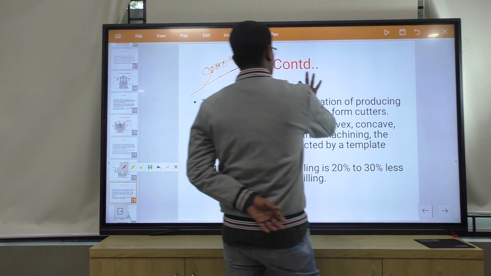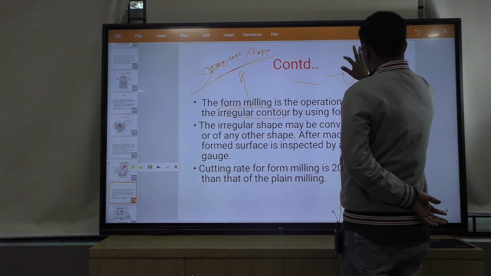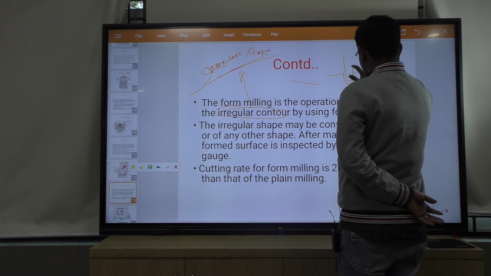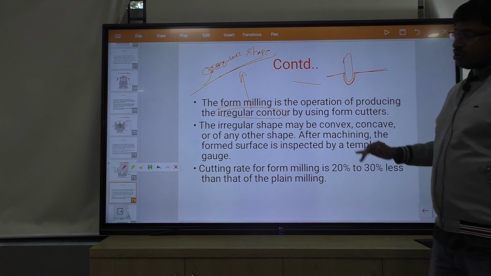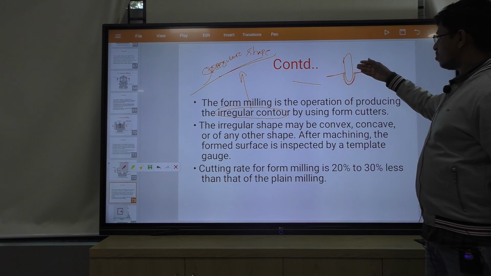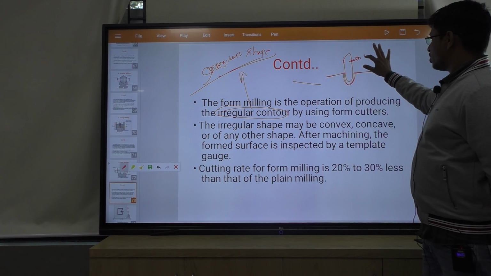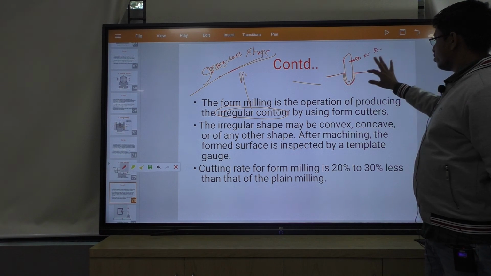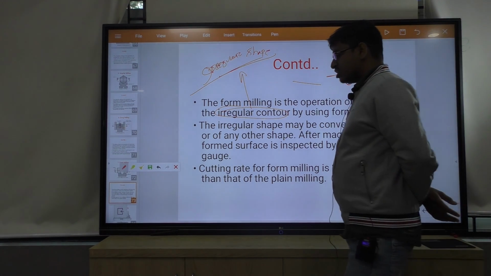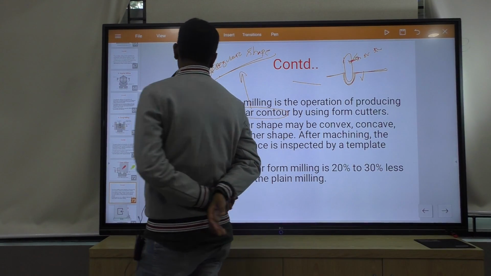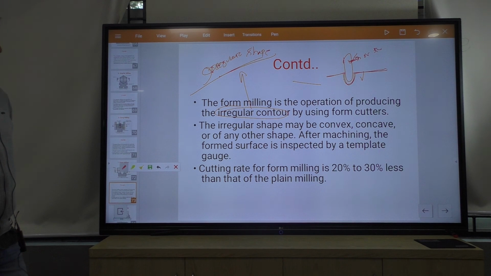If we produce this, the milling cutter should be like this. Means the workpiece and cutter surfaces both are matching. In this way we can produce different irregular shapes on the workpiece.